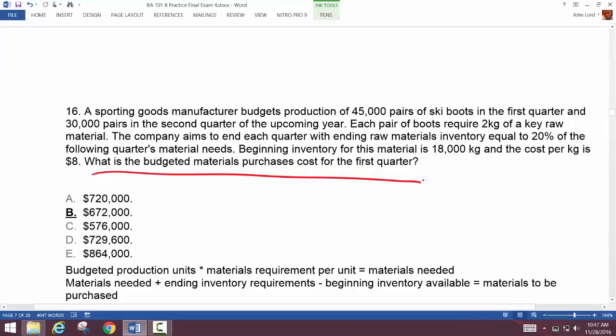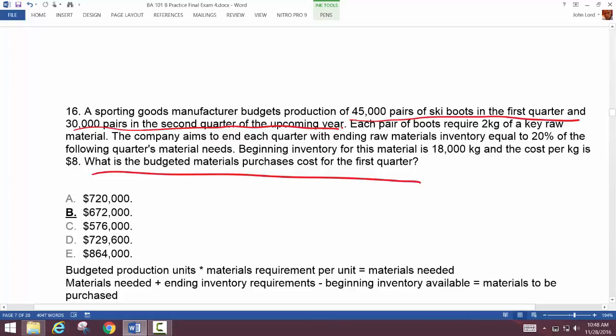This one's a little bit weird in that you're going to have to make adjustments for units versus the amount of raw materials you need, because they tell us it's 45,000 pairs of ski boots in the first quarter and 30,000 pairs for the upcoming year.